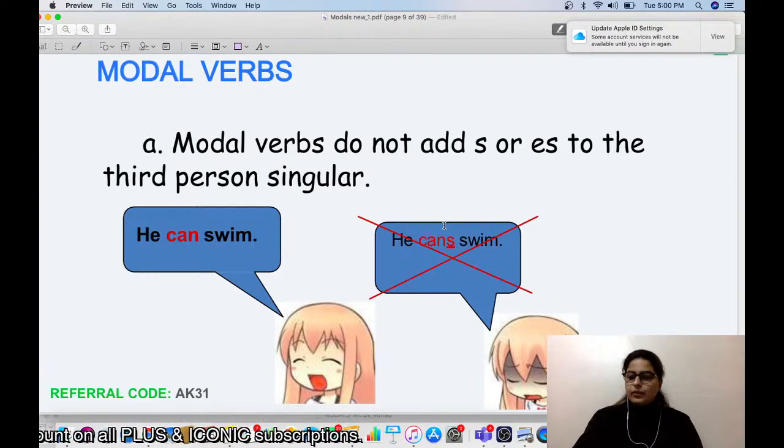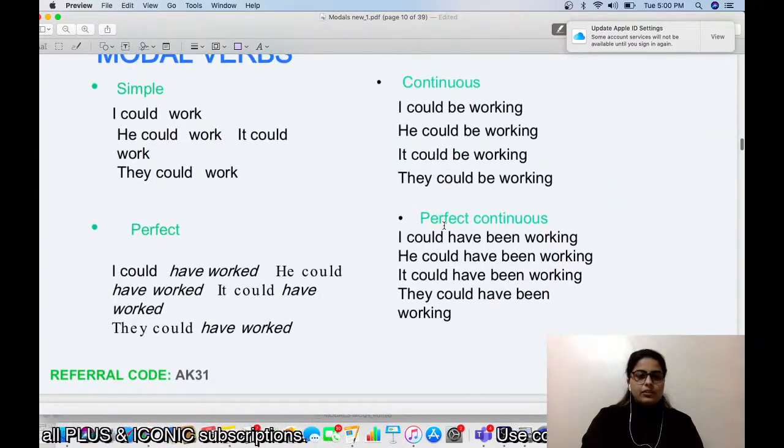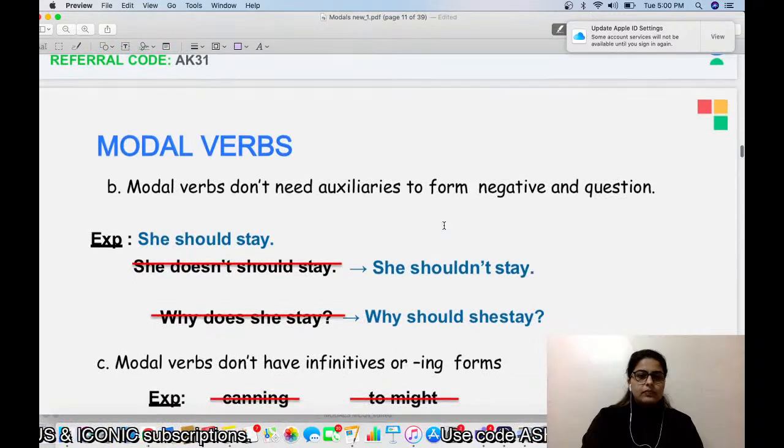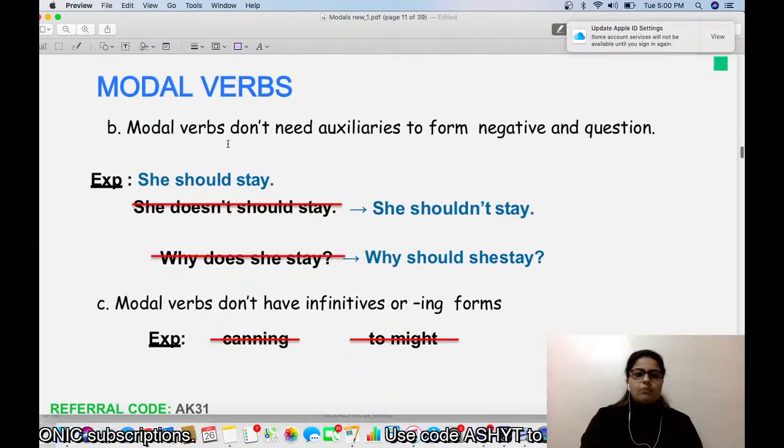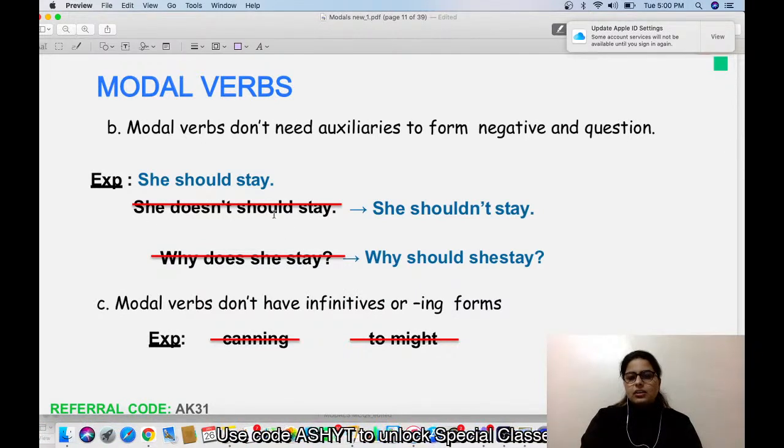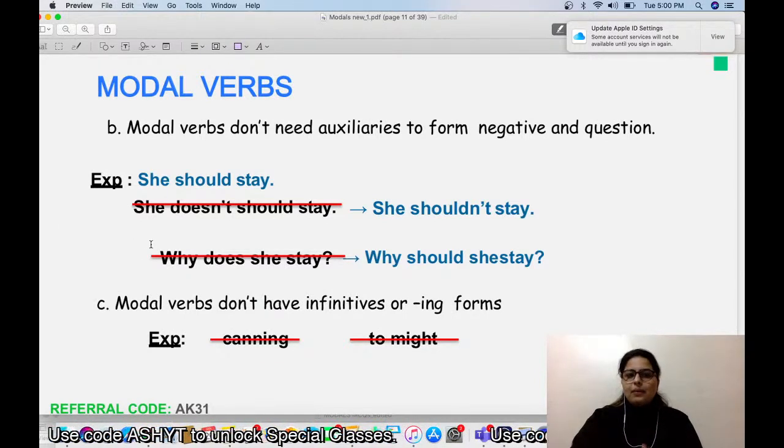All right, moving to the next rule, which is very important. Modal verbs do not need auxiliaries to form negatives or questions. Like you can't say she doesn't should stay. You can't say like that. You're not going to use the S or ES form again, wherein you can see the examples, children, doesn't or does.